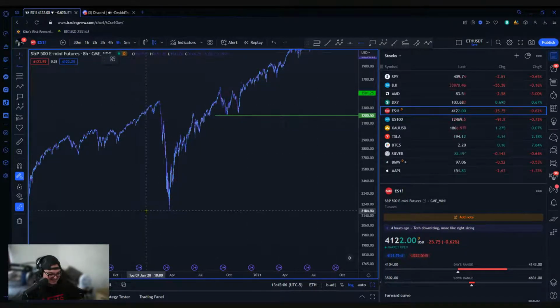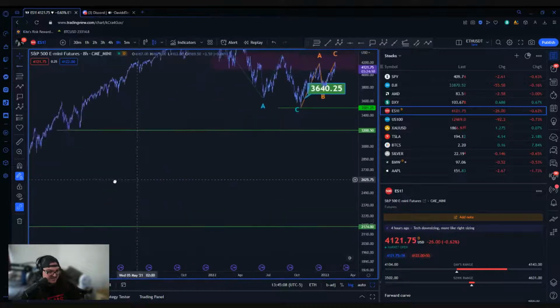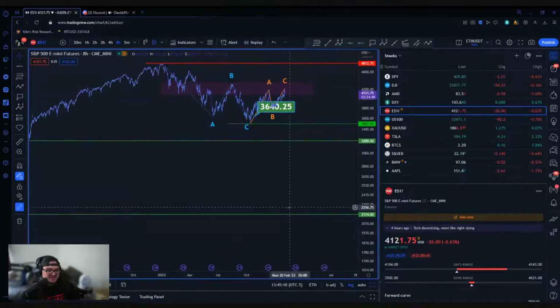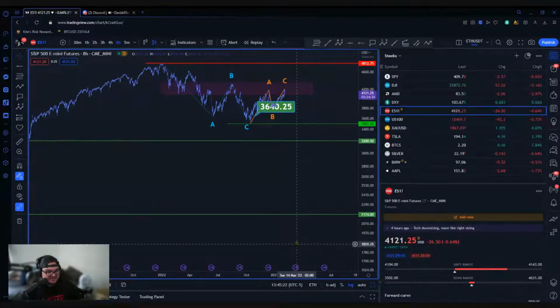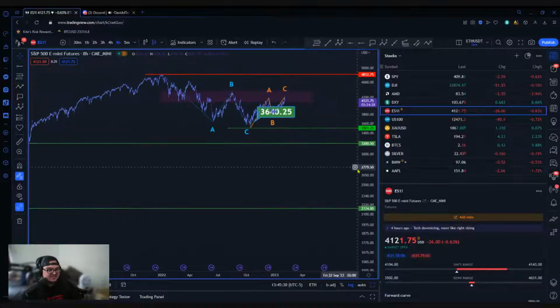Do you honestly think we're going to come back down and test 2,100 in the S&P? That's a stretch. I don't think so. I could be wrong, and if I am, I'll admit it. Maybe we can come down and test 3,200, but it's not a doomsday scenario, unless World War III happens. In that case, we have other things to worry about besides the price of the S&P.